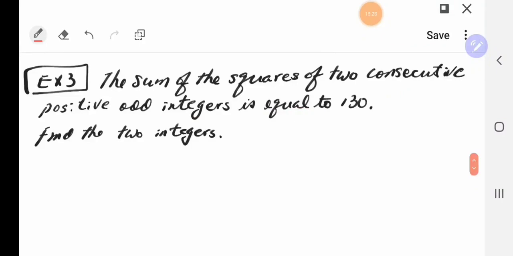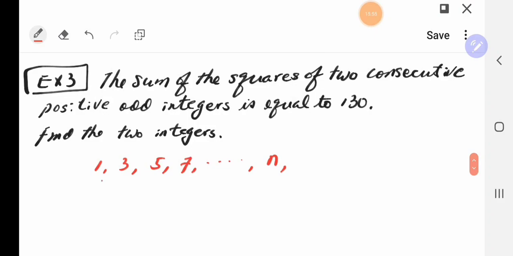Then we can write it like this. Odd integers are 1, 3, 5, 7, and so on. We don't know which integer it is, so let's say n is an odd integer. It's some odd number. Consecutive means next to each other.